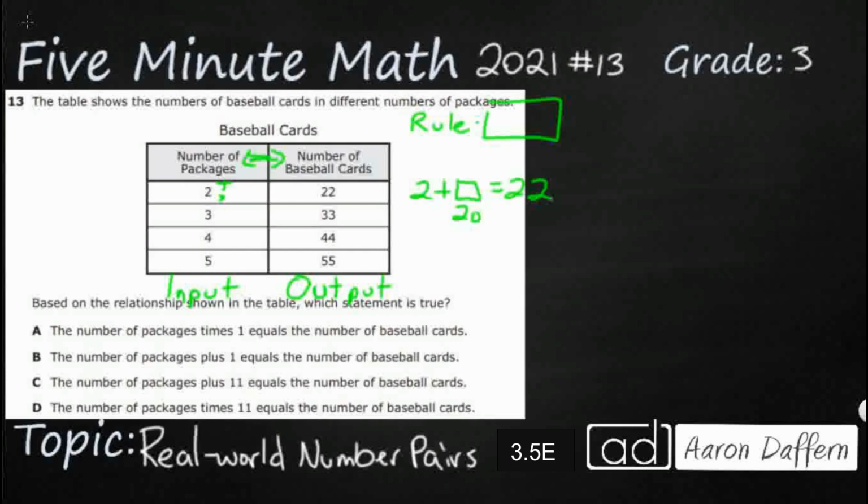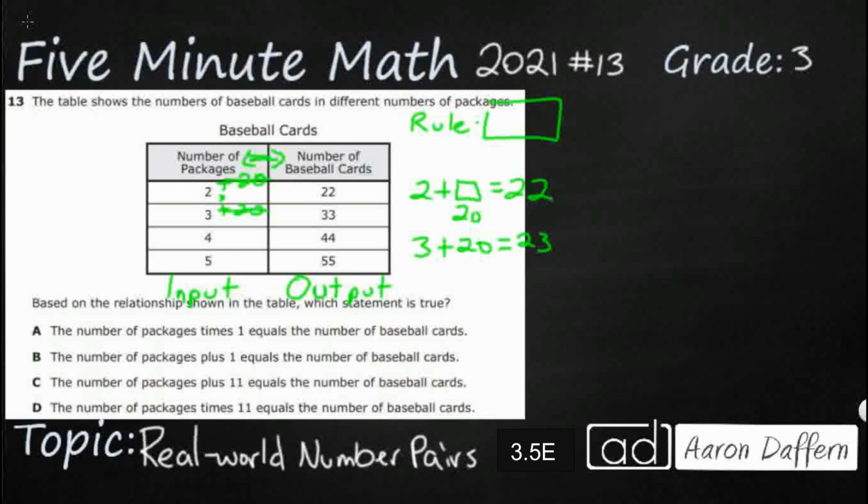We can just take 2 away from 22, and that's going to get us 20. So it could be a plus 20. What we do is we check this plus 20 to see if that works on the next row. 3 plus 20 makes 23, not 33. So that is not going to help us.